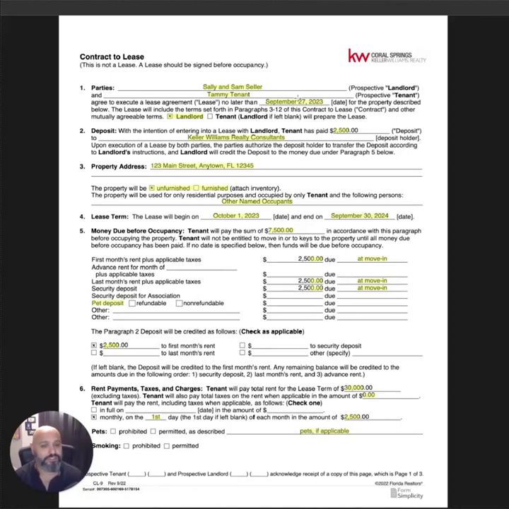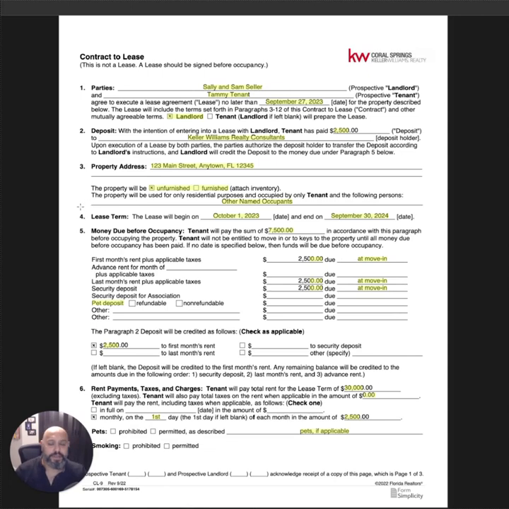If it's minor children, I usually will just write their names and their age in here as well, so that they know this is a family, or this is a roommate situation, or a parent is going to be staying with them. The minor children or the elderly parent that's going to be staying with them is not a named member of the tenant and responsible for the actual lease itself. In this case, only Tammy Tenant is the one that's fully responsible for all the terms of the lease.